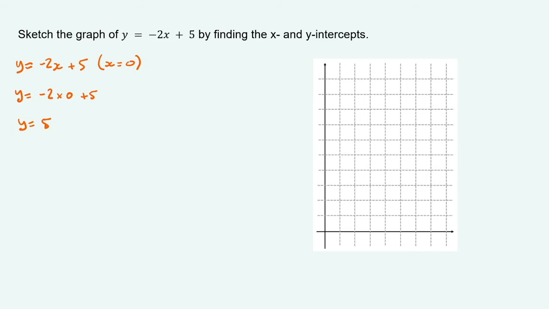Let's use that one. Y equals 5. So you'll notice that actually matches up with what we've been talking about with that y equals mx plus b version of the line. Matches pretty nicely. Let's find the other one now.